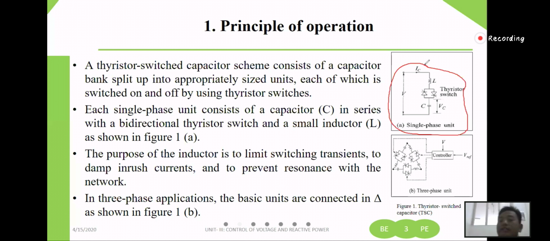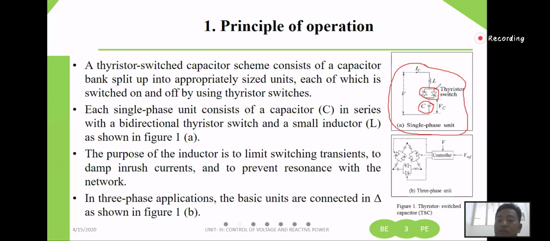When we talk about the thyristor switched capacitor, it consists of a capacitor and a switch, known as the thyristor switch, which acts as a switch. Based on our firing angles, it will control the output.